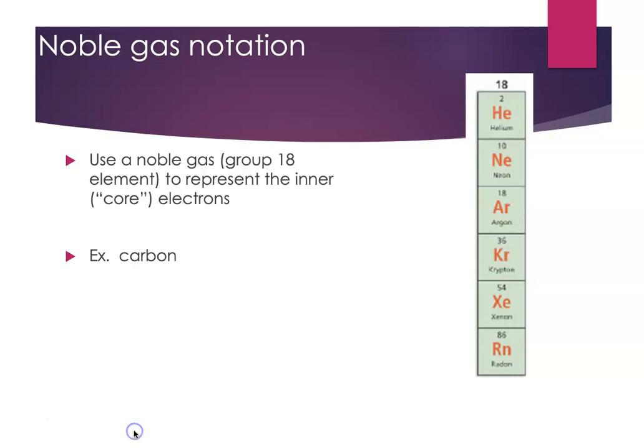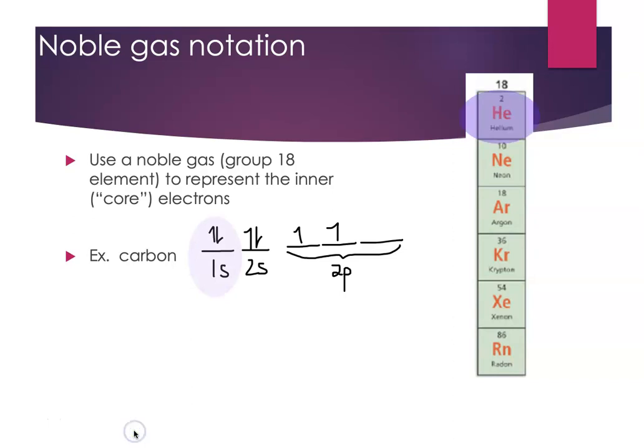Let's do an example. If we do carbon, we had written an electron configuration for carbon earlier in the webcast, 1s2, 2s2, 2p2. So the first 2 electrons of carbon, in the 1s sublevel, correspond to the 2 electrons of helium.